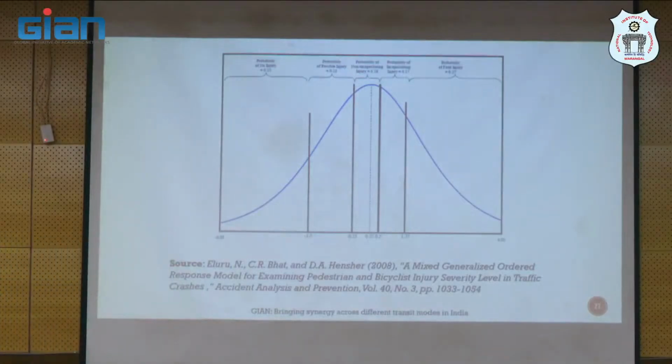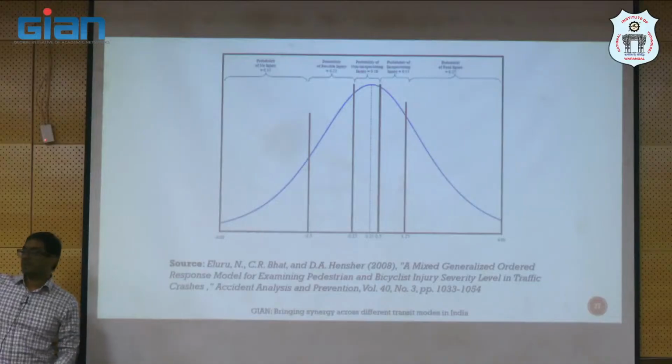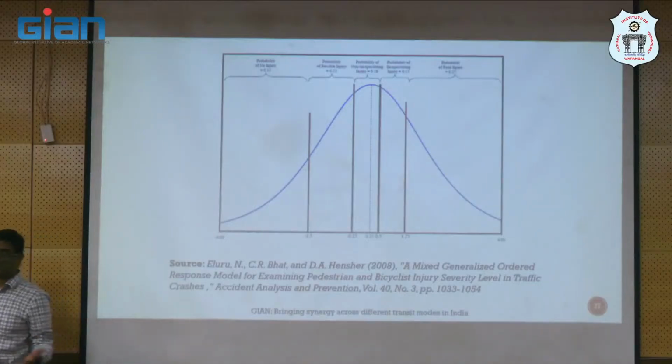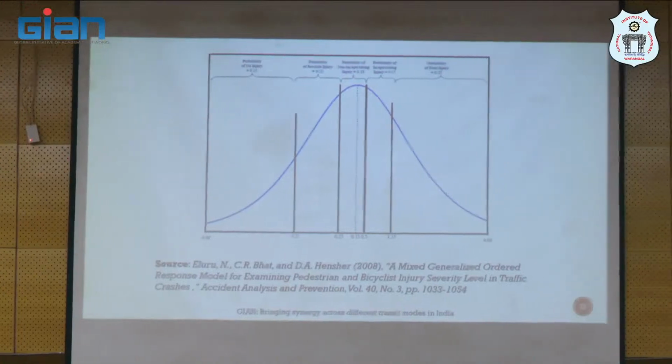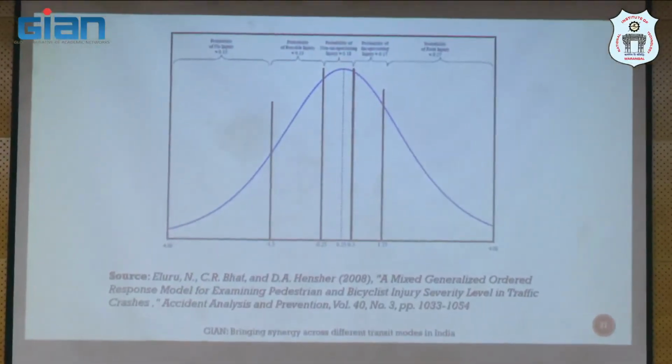Now, just like a mixed logit model, here also the coefficients can be random. The effect of a variable such as speed limit is positive on injury severity. The higher the speed limit, the higher the crash severity. But in some locations, there might be some treatments that have been made to reduce the effect of crashes. Maybe they have a soft barrier from the side, and so on. In those locations, even though the speed limit is high, injury severity is low, which means the effect of speed limit has been reduced because of other unknown treatments in the data.